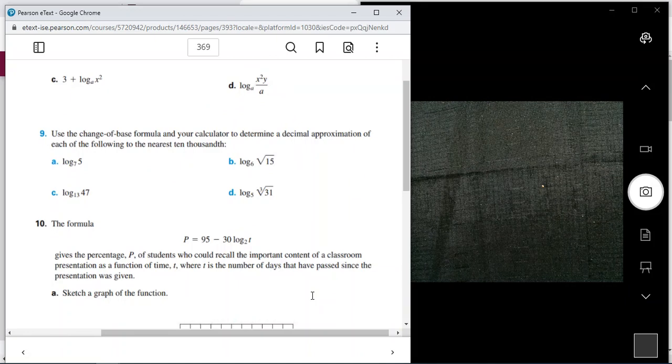Now, the change of base formula was a very important formula when you do not have a calculator and you're dealing with logarithms. Since you do have a calculator, you can check your answer to make sure that your change of base is actually correct.